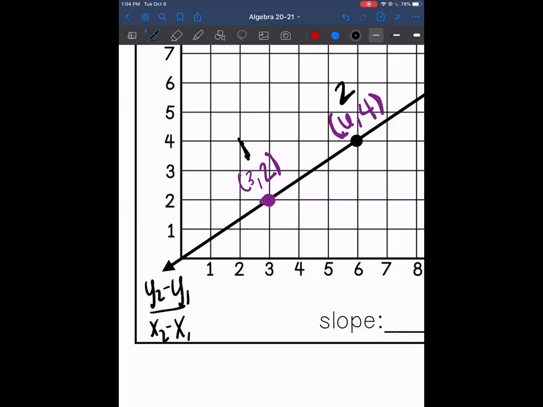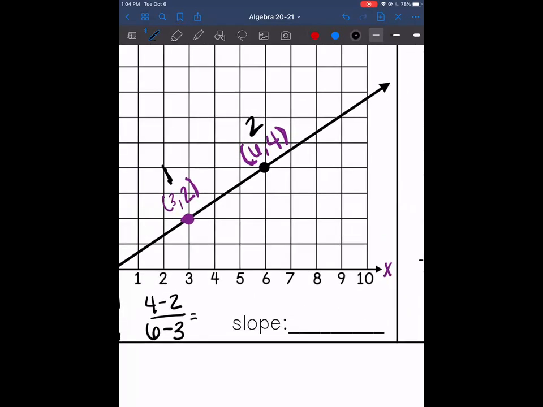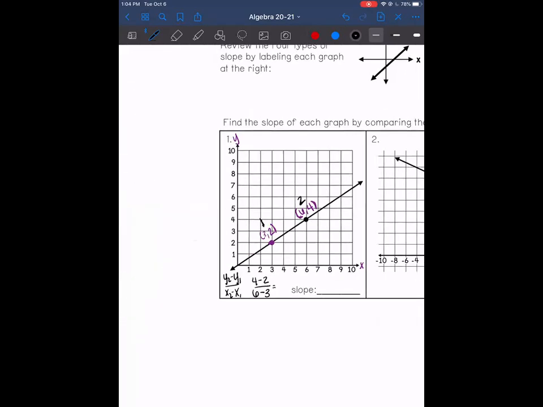For y2, my second point's y value, that's 4. So I'm going to say 4 minus our first point's y value, 2, over the second point's x value, 6, minus the first point's x value, 3. Now, I'm hoping you can tell from the numbers, but remember what type of slope this is.